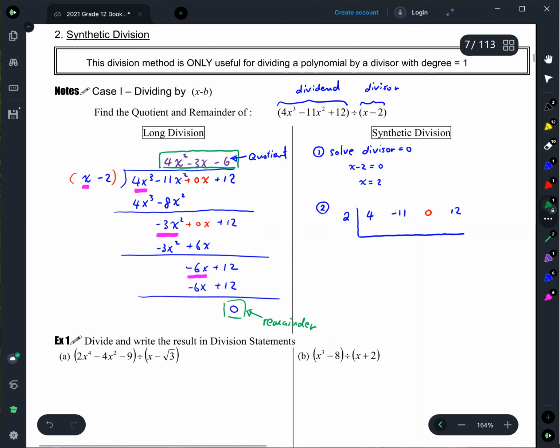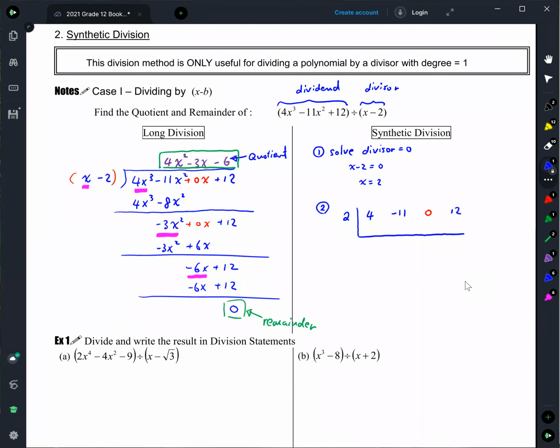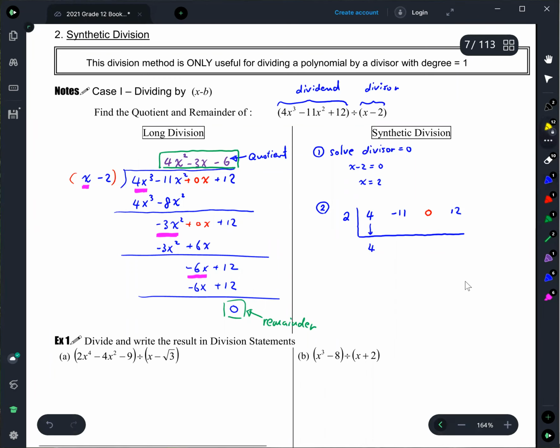Okay. So let's see how we can do the same thing using synthetic division and how it can help us save time, right? How is it faster? To do the synthetic, instead of writing all the x, first step, you just drop down the 4. So this 4 is like the 4x squared already.